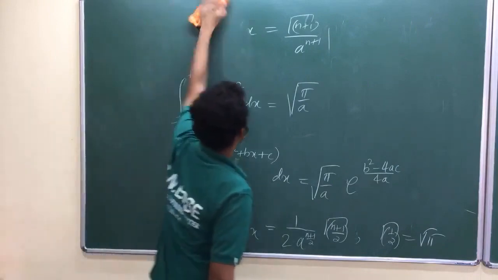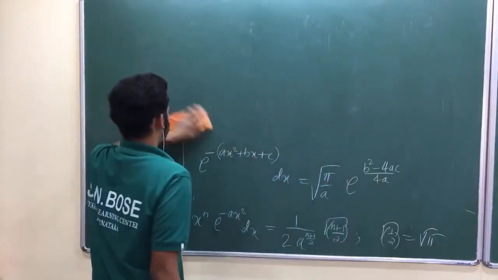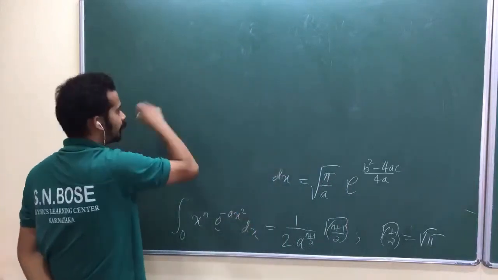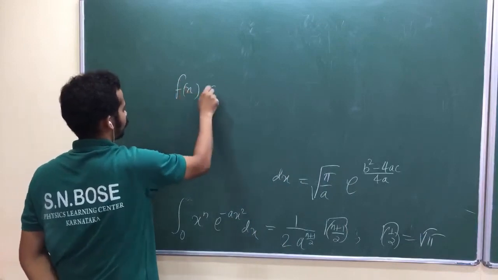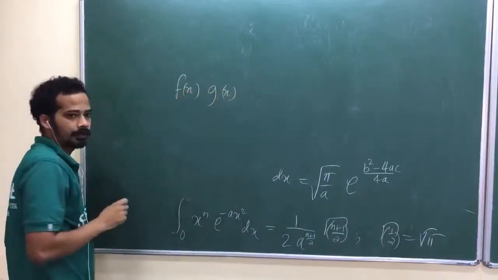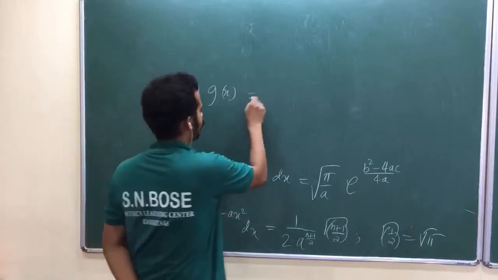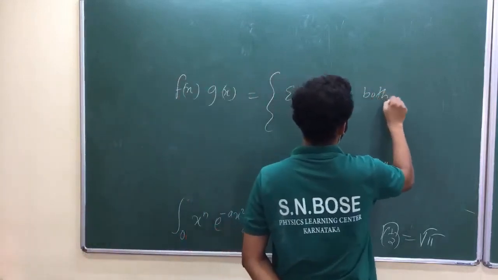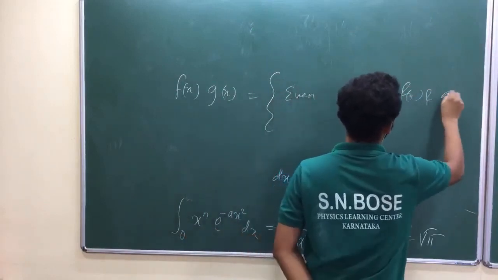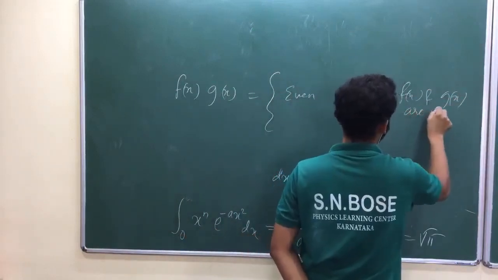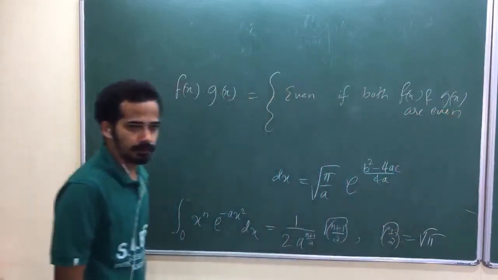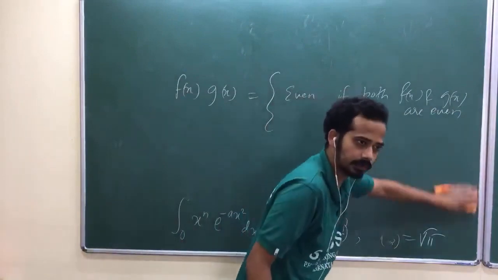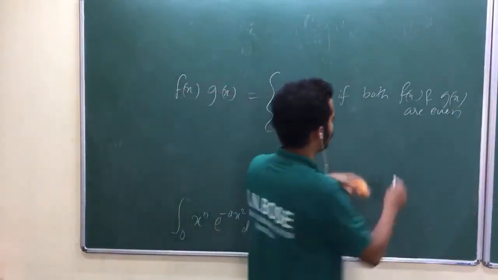Wait a second, let me list out all of them again for practice. Now, one thing you should remember, if you have a product of two functions, that is even if both f of x and g of x are even. I hope you know what an even function is: f of minus x is equal to f of x, isn't it? So now look at it.